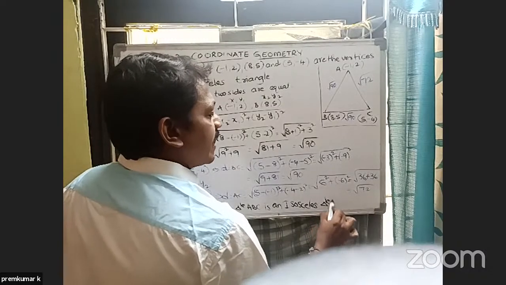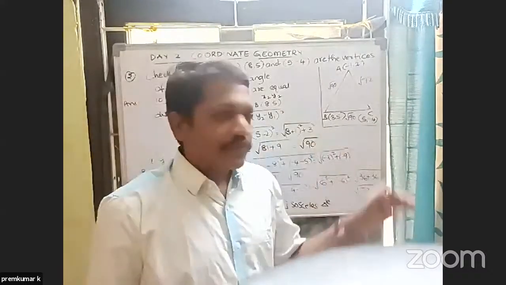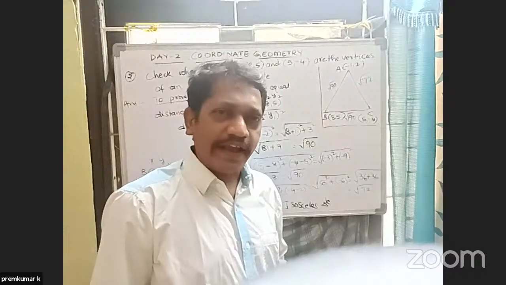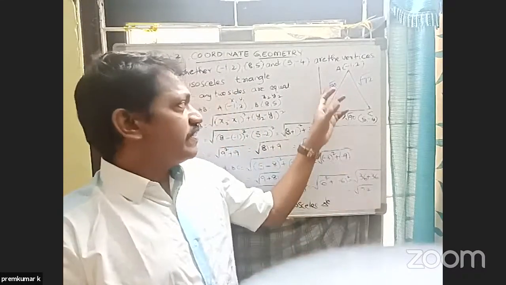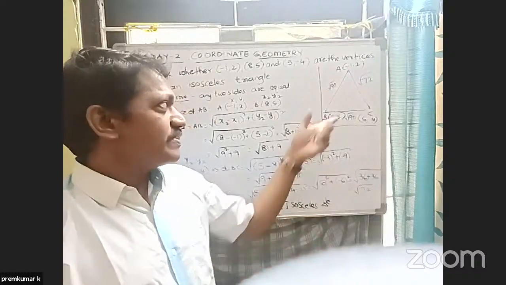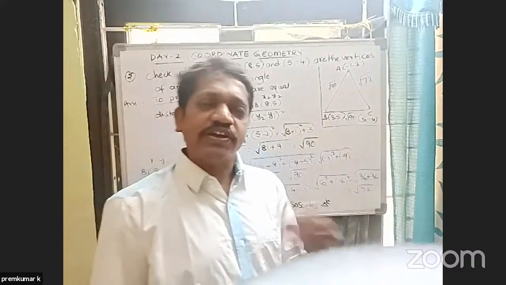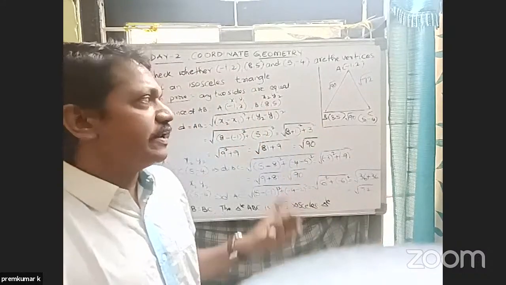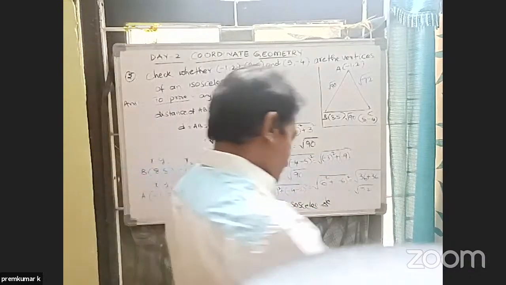Like this, we can do the problems on triangles. If there is another problem in your textbook, go through the textbook and do the problems. If these three sides are equal, then it becomes an equilateral triangle. If these three sides are not equal, then it comes under scalene triangle. You can practice the problems in the textbook.